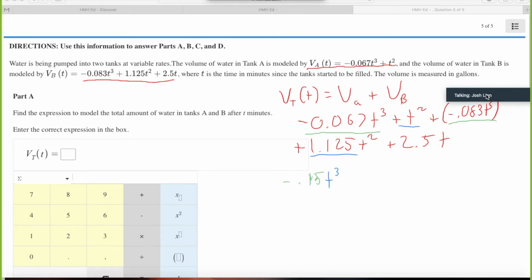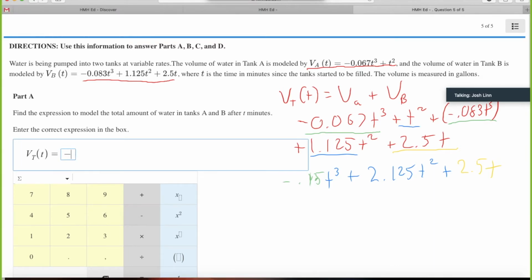This is T to the cube plus 2.125, because this is 1 T, and that's whatever T squared, plus I only see 1 T, make sure I didn't miss anything, plus 2.5 T, and done.